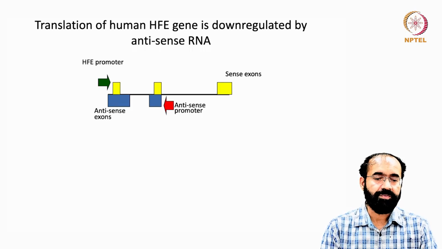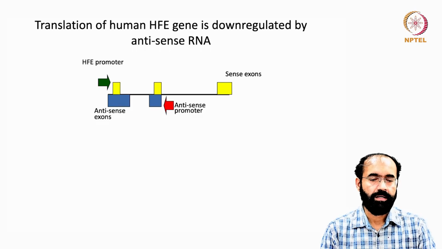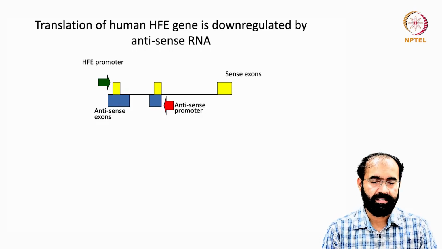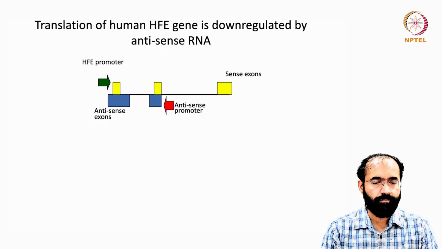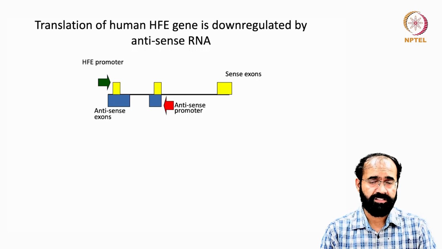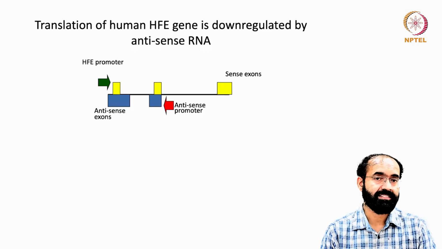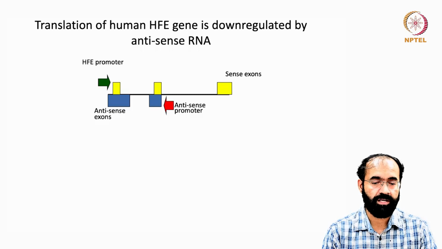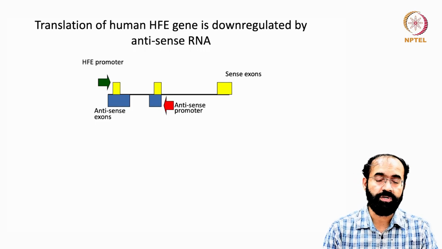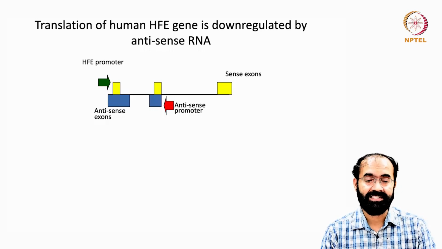HFE is basically for iron utilization. Fe stands for iron, and H for high iron. The HFE gene has its HFE gene specific promoter, and the yellow boxes are exons. You also have an antisense strand, just like Xist and Tsix we have been talking about. In the antisense promoter, you can have the production of this antisense RNA.